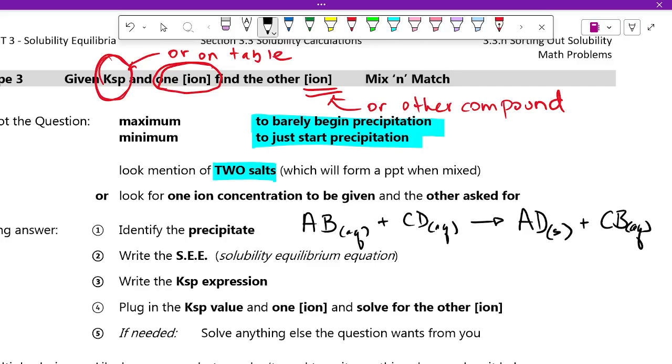So you'll be given these 2. And then you will identify your precipitate. And how do you know you should be identifying the precipitate? Because the question says precipitate.